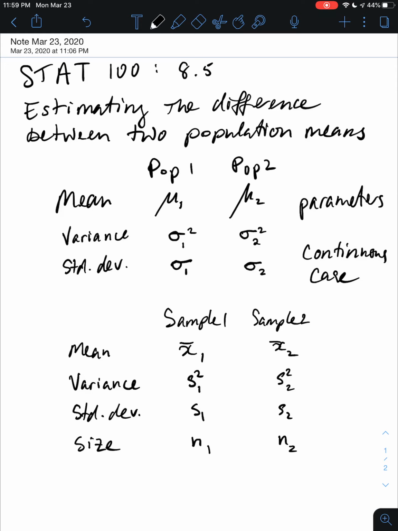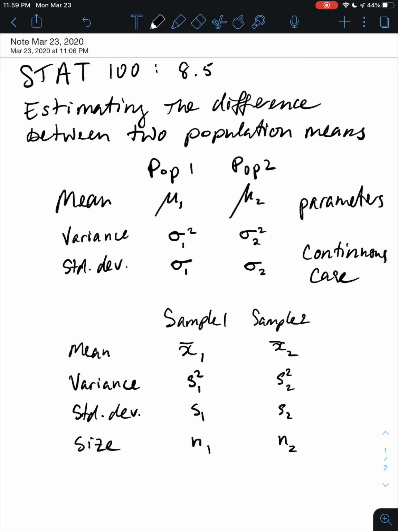So these can all be different. The sample sizes for the two samples can be different. The sample means will be different in general. The standard deviations and the variances will be different.